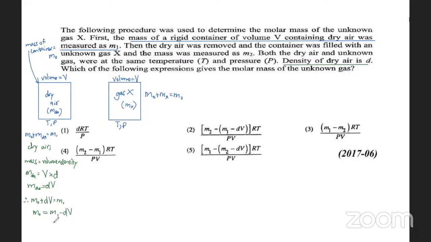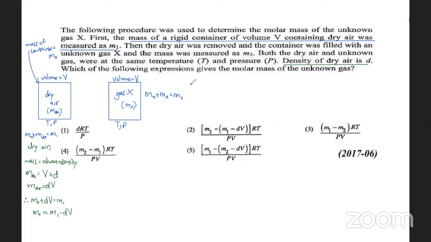Why am I doing this? I don't want M0, which is something I introduced as the mass of the container. Instead of M0 I can use M1 minus dV, because the total mass M1 is the mass of the container plus the mass of dry air, and instead of the mass of dry air we can put dV.